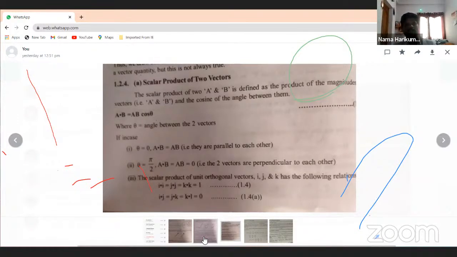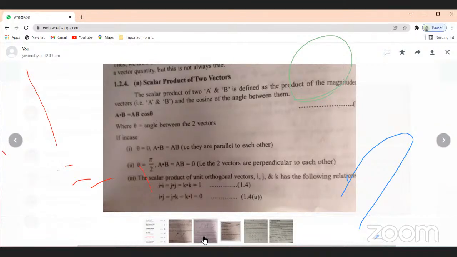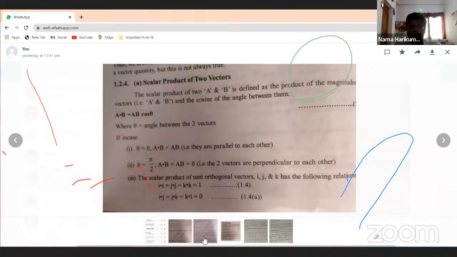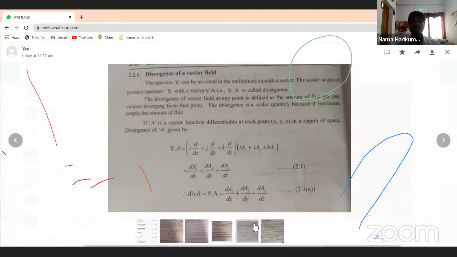Once again: j cross I equals minus k, k cross j equals minus I, I cross k equals minus j. These are the vector properties. One more vector property: A cross B equals AB sin theta.